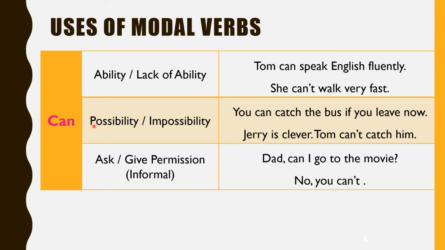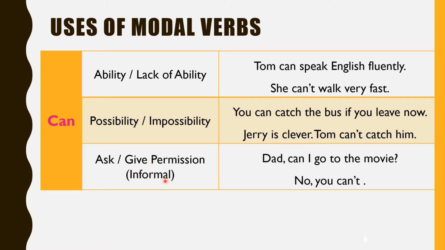But also to express possibility, what are the chances for something to happen or not to happen, impossibility. Also to ask and to give permission, and this particular category for permission will be informal.